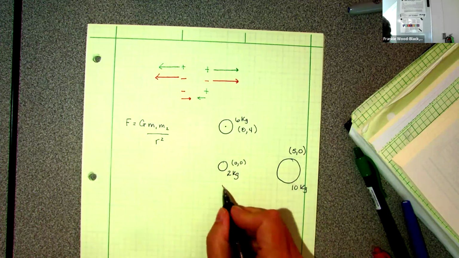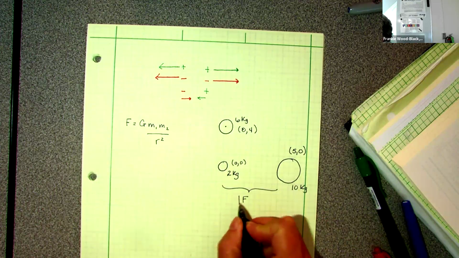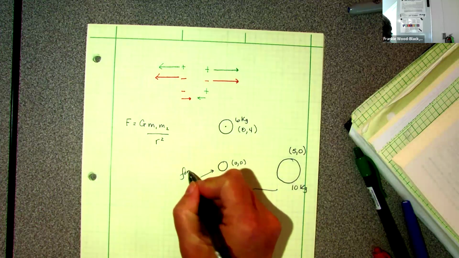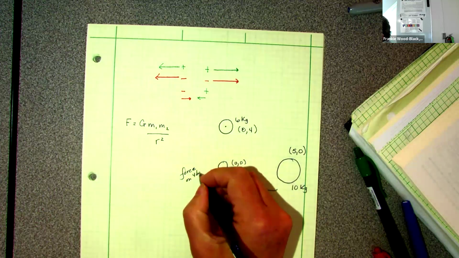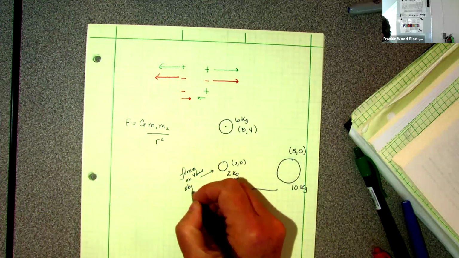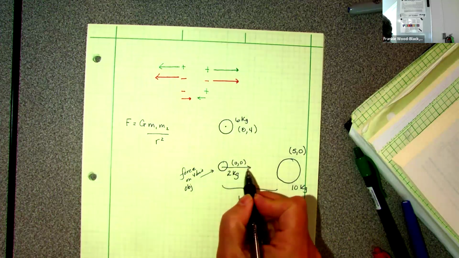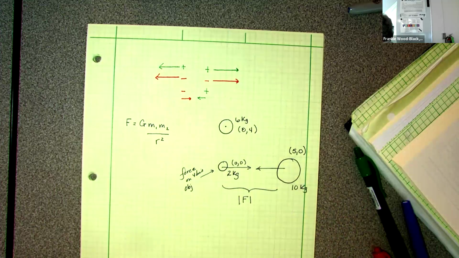Okay, so if I did those forces, I'd have to calculate the magnitude of the force. So I'm looking at the force on this item. And these two things are attracted because we're dealing with masses.